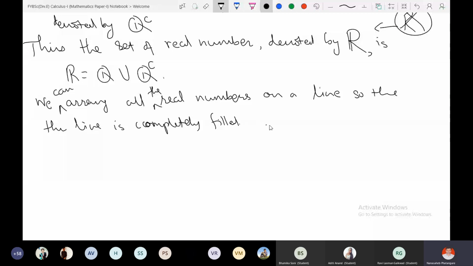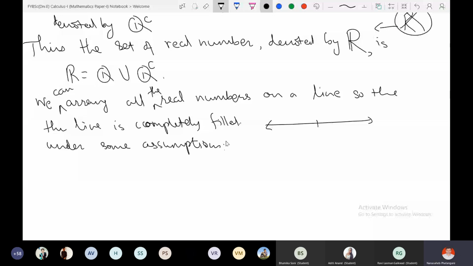Right? So if we arrange all the real numbers on a line, then the line will be completely filled under some assumptions.